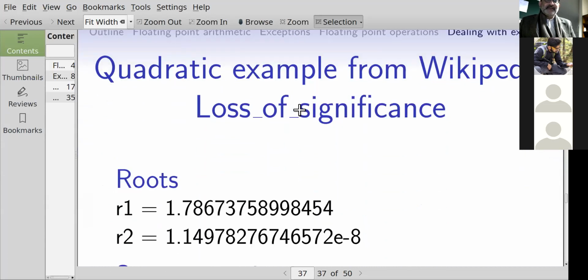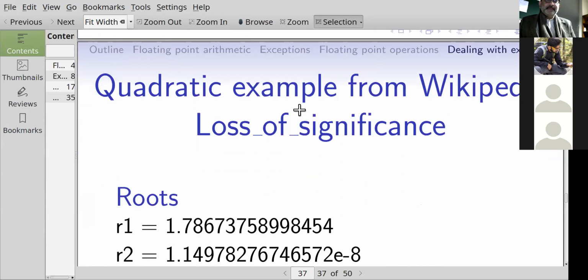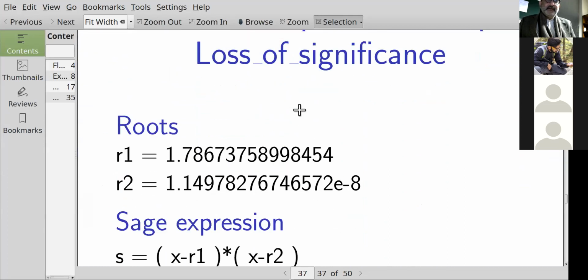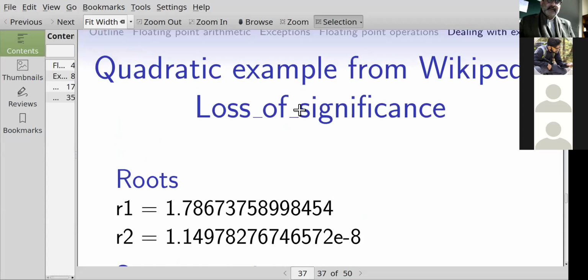Let's say that I have a quadratic expression, and I'm going to assign some roots to it, okay? So R1 is this root, which is 1.786. And the other one, R2, is another root for a quadratic polynomial, and that's like 1.15 times 10 to the minus 8. So you have these roots with very different magnitudes.